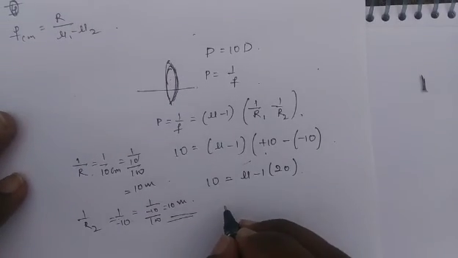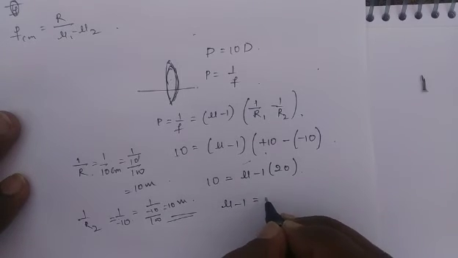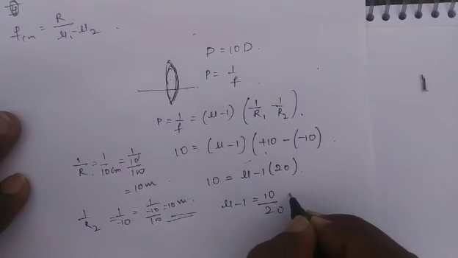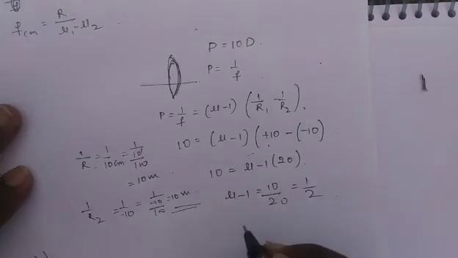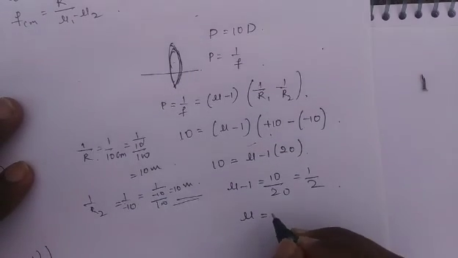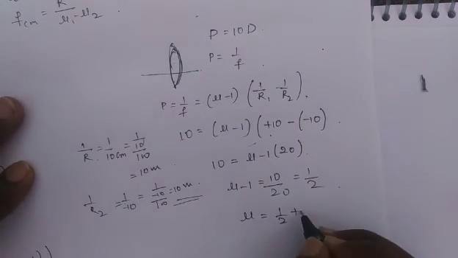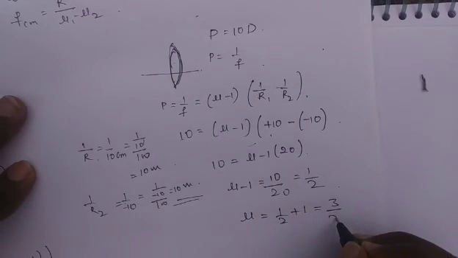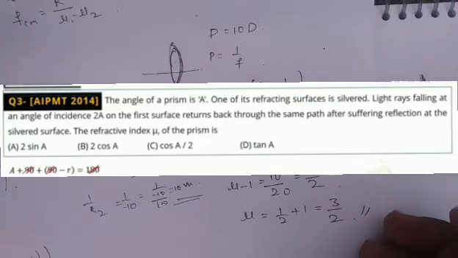So mu minus 1 is equal to 10 divided by 20, which is equal to 1 by 2. So refractive index mu is equal to 1 by 2 plus 1, which means its value is 3 by 2. So the refractive index is 3 by 2.